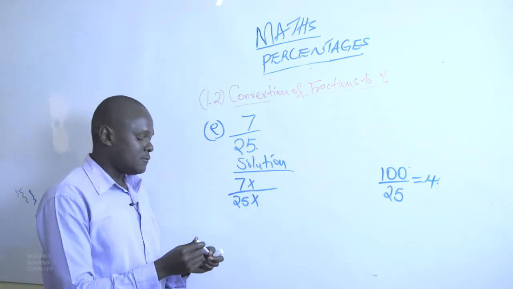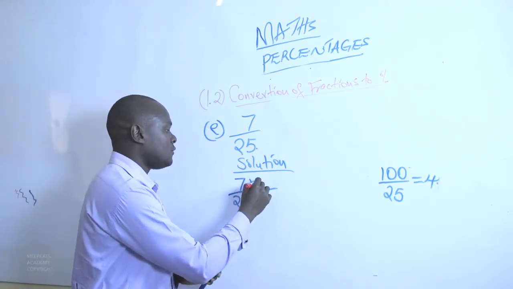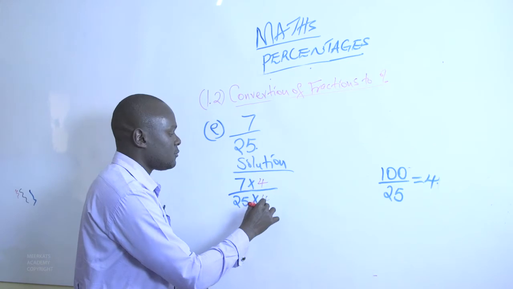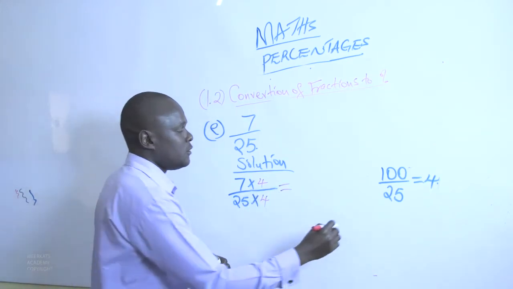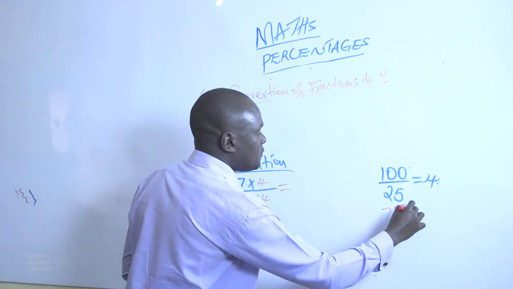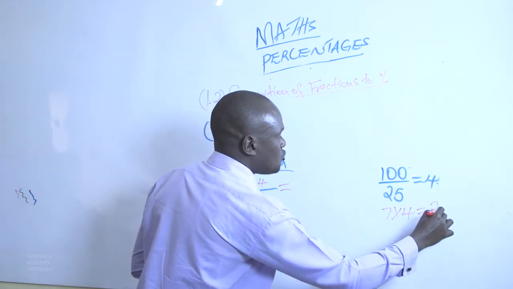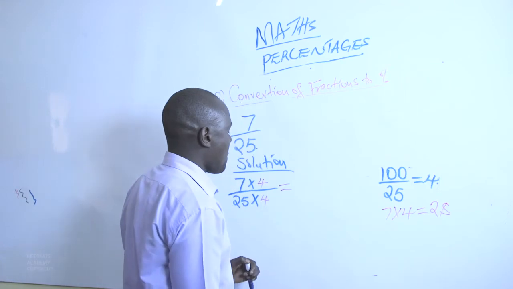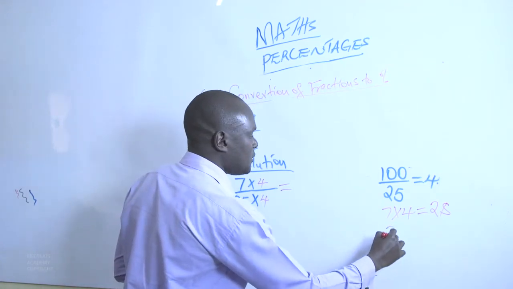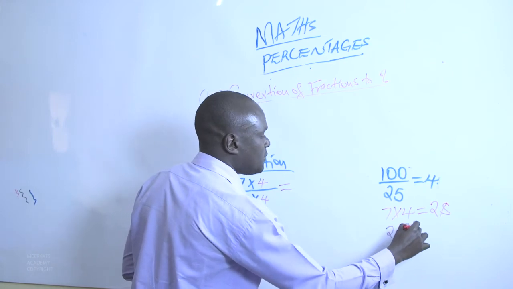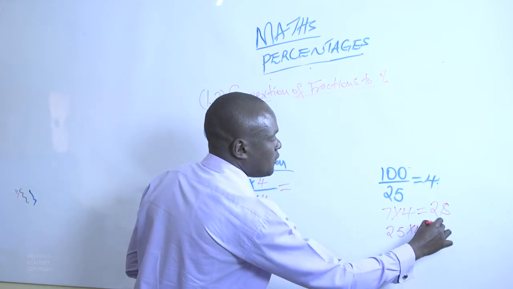So we are going to have 7 multiplied by 4 and also 25 multiplied by 4. When we take 7 multiplied by 4, this will give us 28. And when we take 25 multiplied by 4, we are going to get 100.